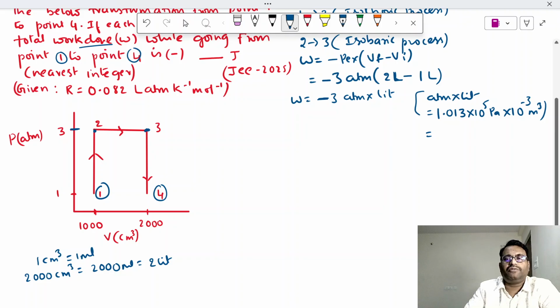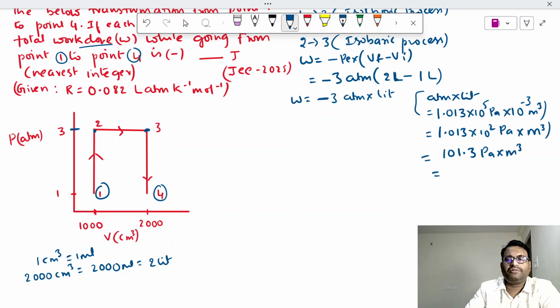That is 1.013 into 10 power 2 Pascal into meter cube, which is 101.3 Pascal into meter cube.